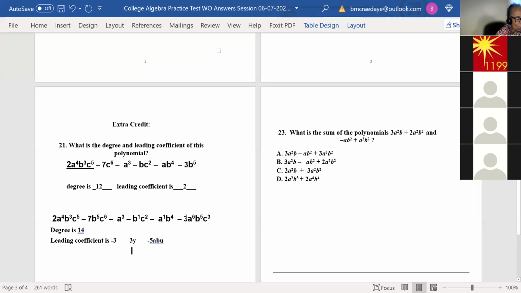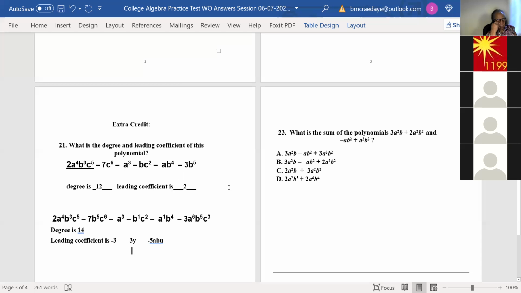It's a special kind of coefficient. Like here, -3 is a leading coefficient. Here this has the highest degree, 14, leading coefficient -3. This has the highest total, 4, 3, 7, 12, then 2 is the leading coefficient. Is that clear, Audrey? Yes, okay.